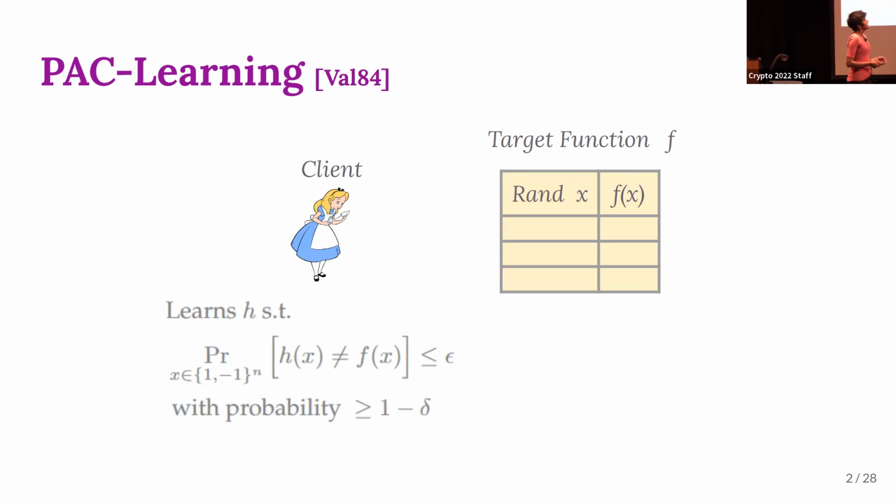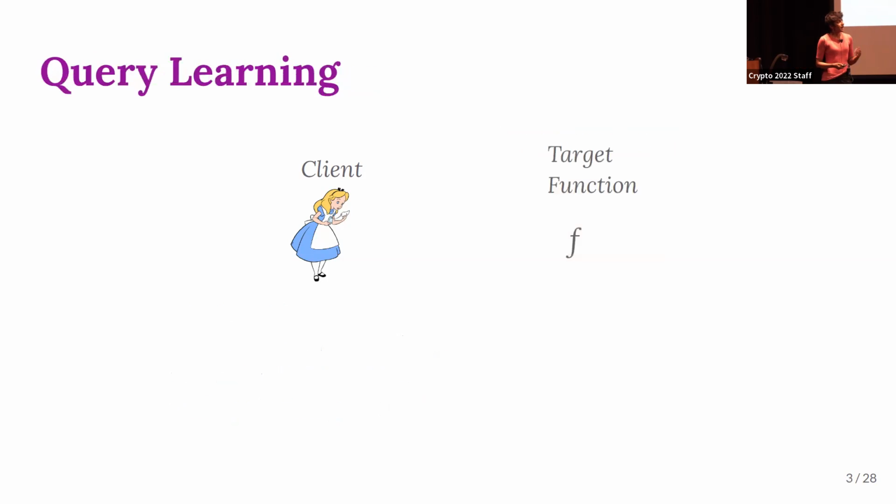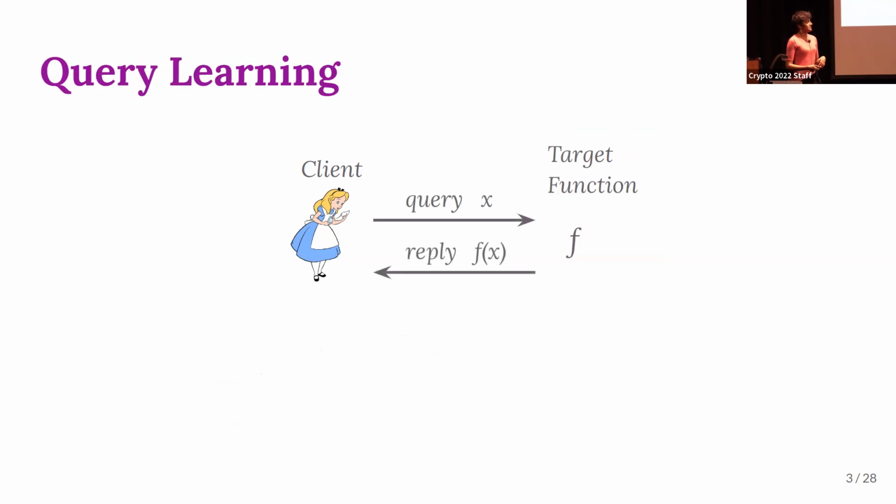A natural model to consider is a setting in which, instead of having direct access to random examples, you have oracle access to the target function. You make queries x and receive replies f(x).